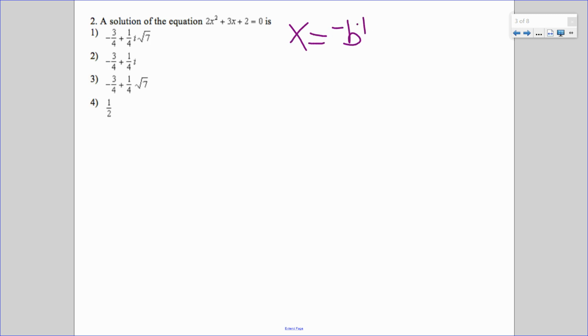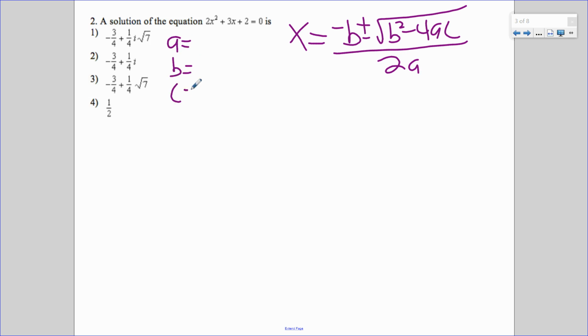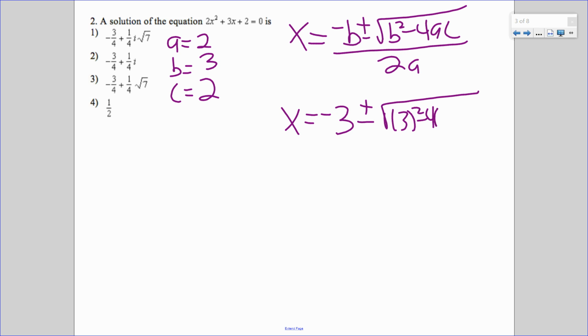x equals negative b plus or minus the square root of b squared minus 4ac all over 2a. This is in the proper form, so I'm going to list my a, b, and c values: 2, 3, 2. x equals negative 3 plus or minus the square root of 3 squared minus 4 times 2 times 2, all over 2 times 2.